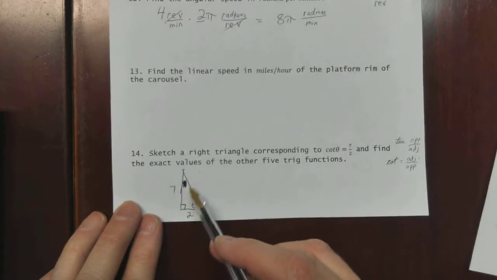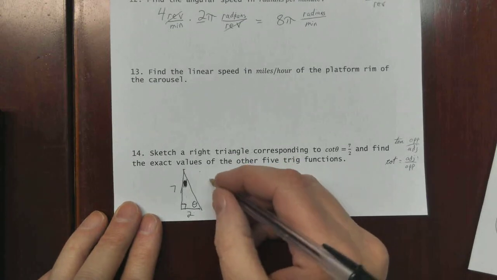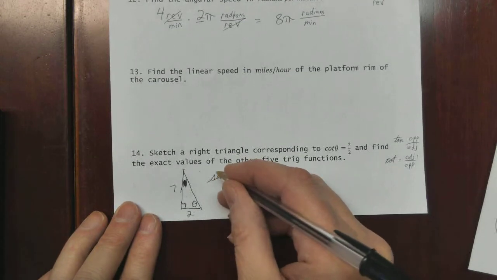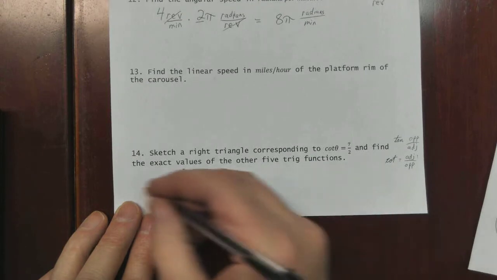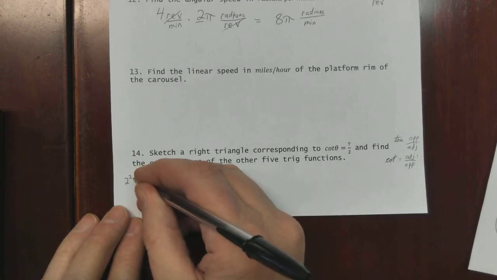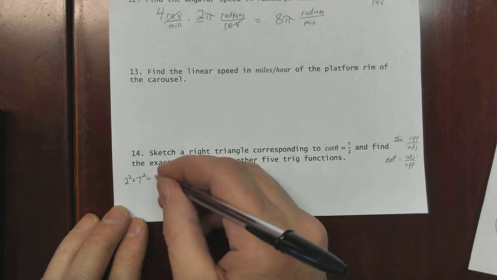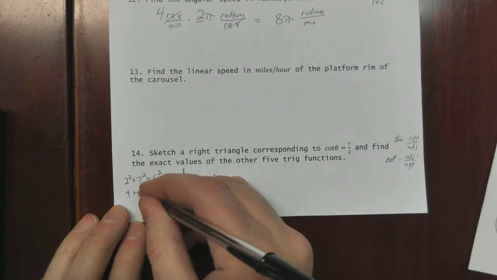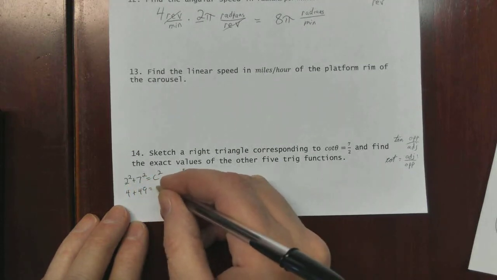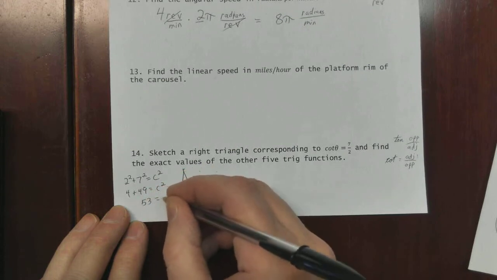Sketch the right triangle, now find the other trig functions. Sine is opposite over hypotenuse, which I don't know just yet. 2 squared plus 7 squared equals your hypotenuse squared, which is 4 plus 49, c squared, 53.